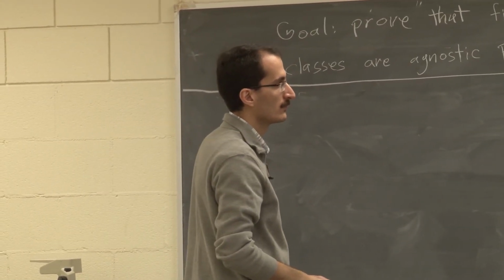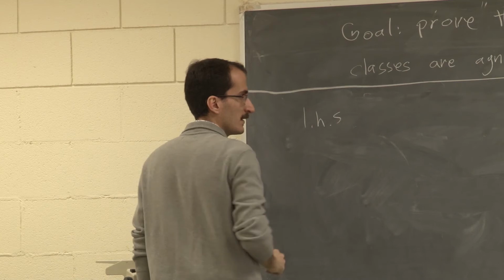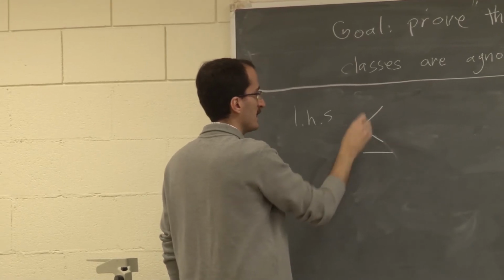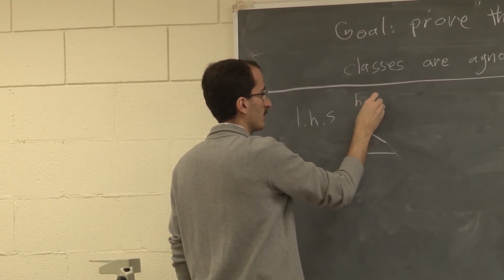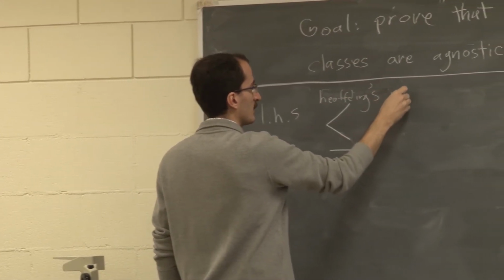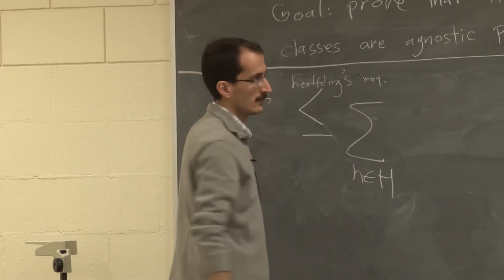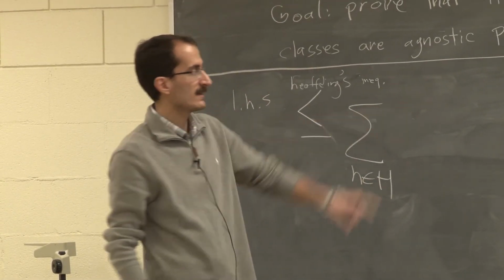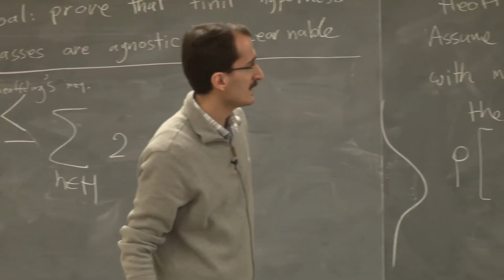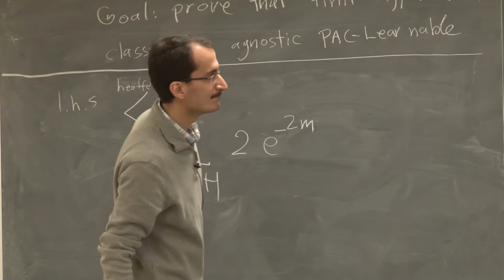So the left hand side is again smaller than, based on Hoeffding's inequality, which says that the probability of failing for one of them is smaller than 2 e to the minus 2m epsilon squared.